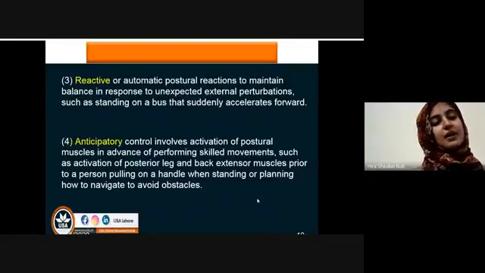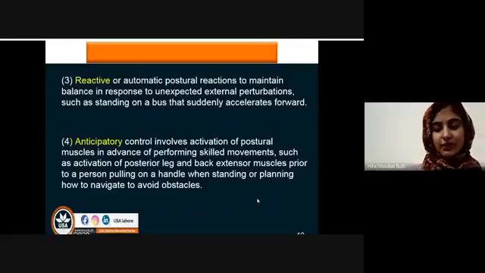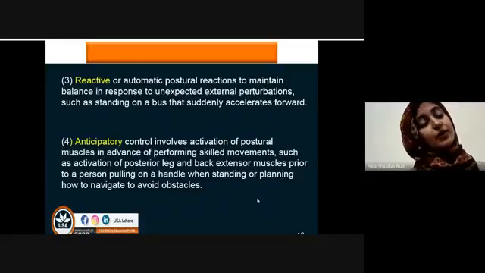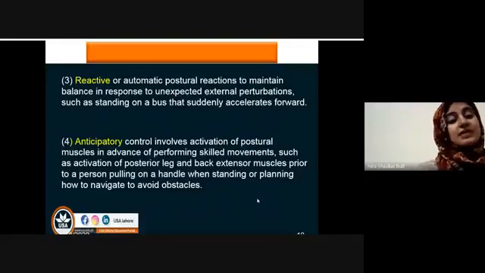So for example, you have to walk between obstacles. You have to follow a specific pattern during the walk. You have to place one foot on one spot, then the other foot on the other spot. Anticipatory control involves the activation of postural muscles in advance of performing a skilled movement, such as activation of posterior leg and back extensor muscles prior to a person pulling on a handle, or when standing or planning how to navigate to avoid obstacles.